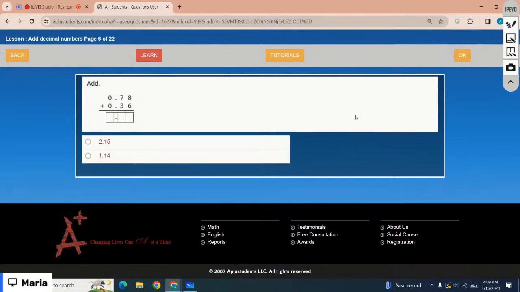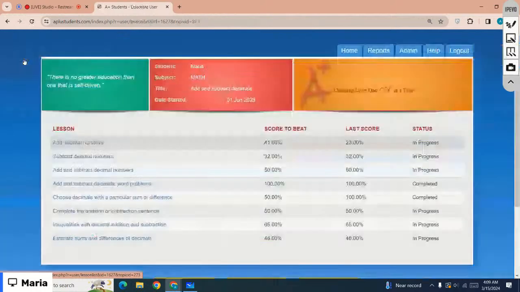Option number 2 is the correct option. Okay, you can complete the lesson by yourself later today. That isn't 2.15. That is 1.14.